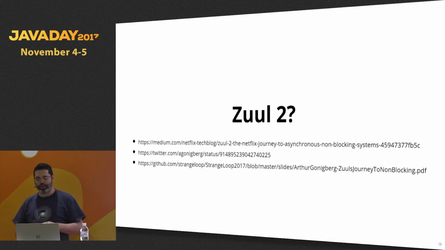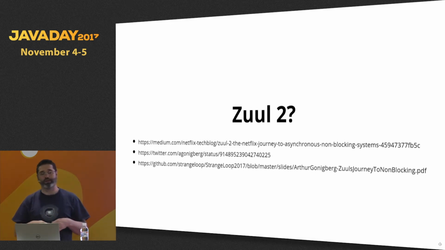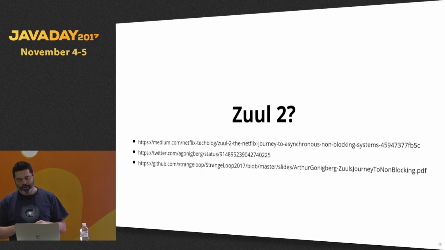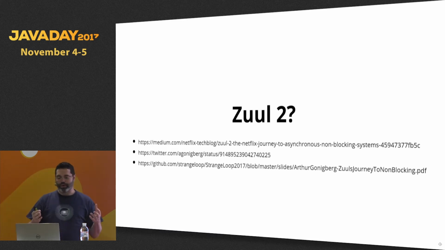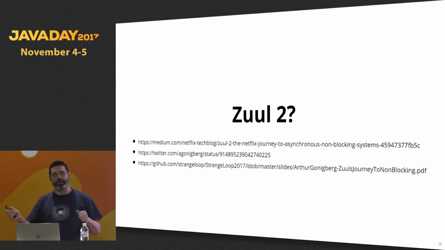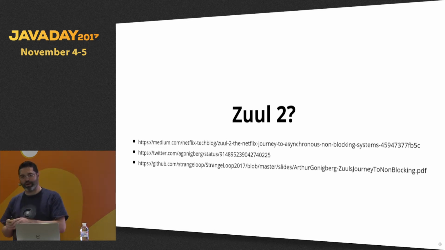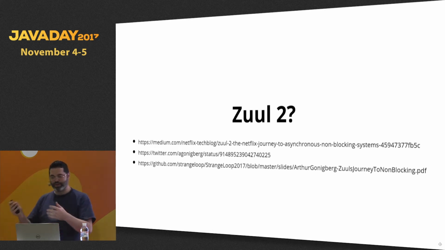So Zuul 2 is not going to be backwards compatible with Zuul 1. It has different APIs. It was originally written with RxNetty, which is an abstraction for Netty written in RxJava. But that project is essentially abandoned, so they have rewritten it just to use the Netty primitives.